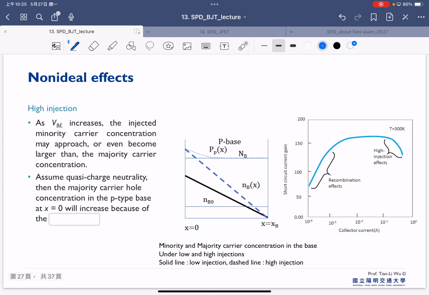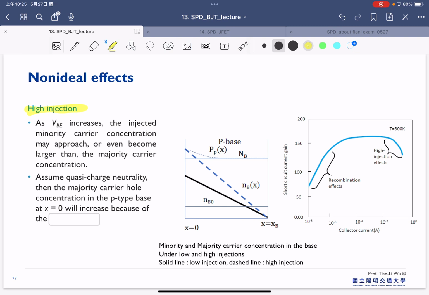And the next non-ideal effect is what we call high injection, or sometimes we just call this high level injection. These two terms have exactly the same meaning. When we try to derive the current equation, when we talk about the current transport, we always assume low-level injection.